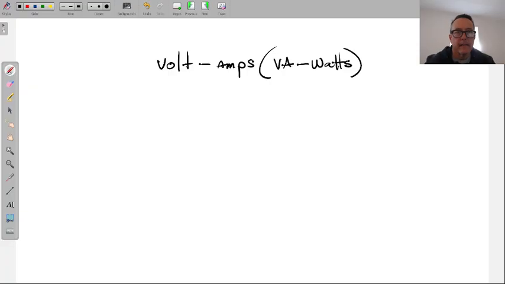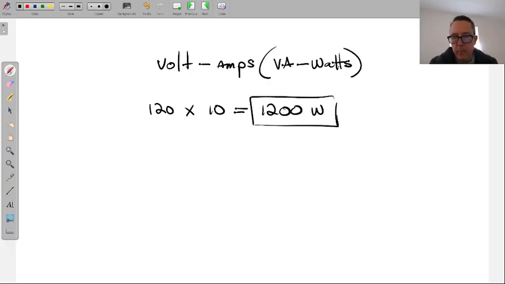Because how do we calculate wattage? Well, the way we calculate wattage is multiplying voltage times amperage, and you equal wattage. All right, so if you plug something in that draws 10 amps, and you plug it into a 120 volt circuit, it'll generate about 1200 watts. But this is a calculation.